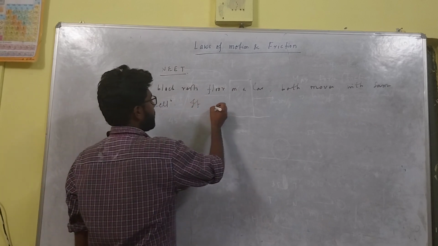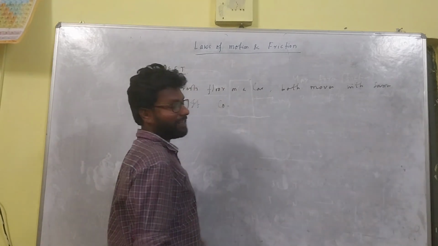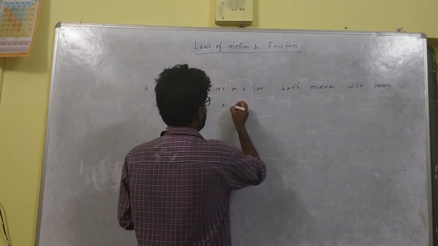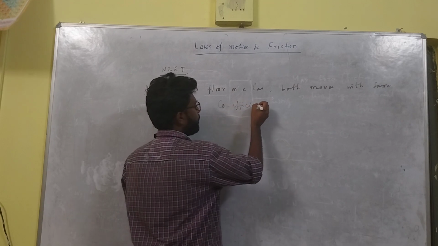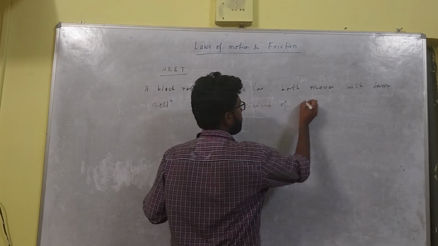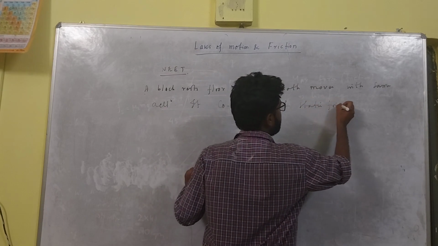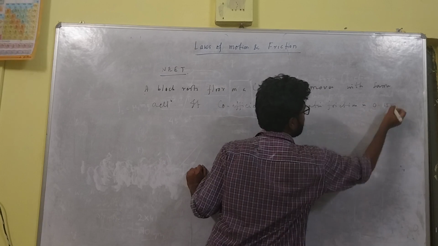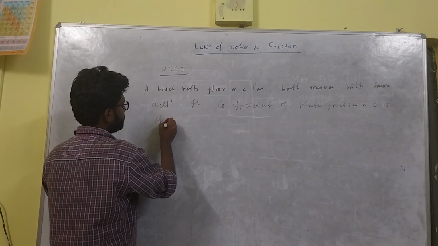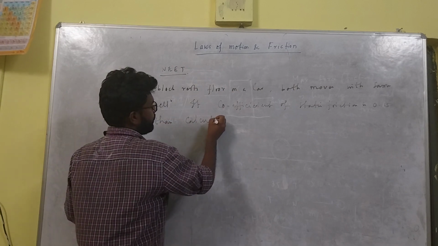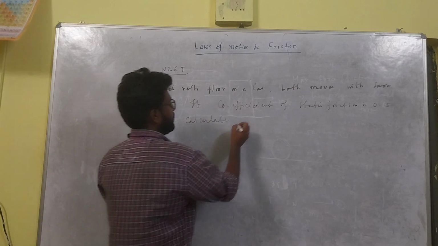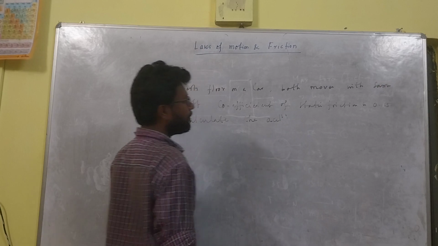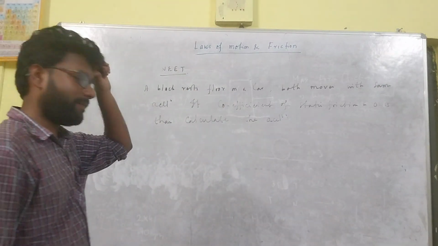And if the coefficient of static friction, that means mu here, is 0.15, then calculate the acceleration of the system, I mean the block and the car, right?